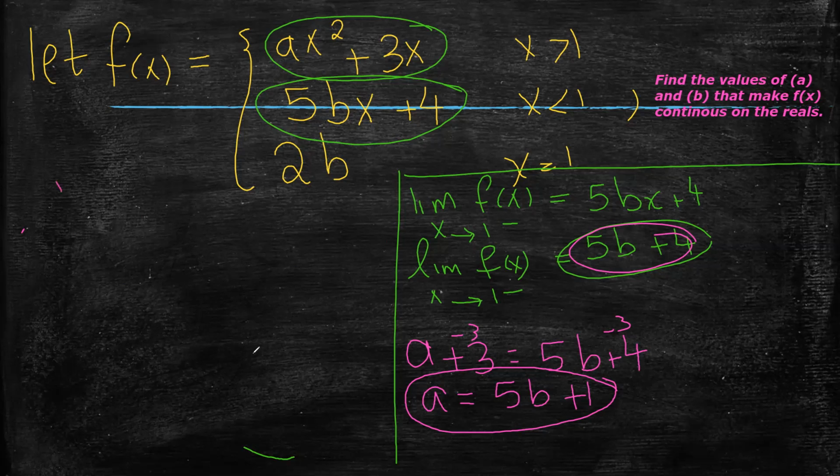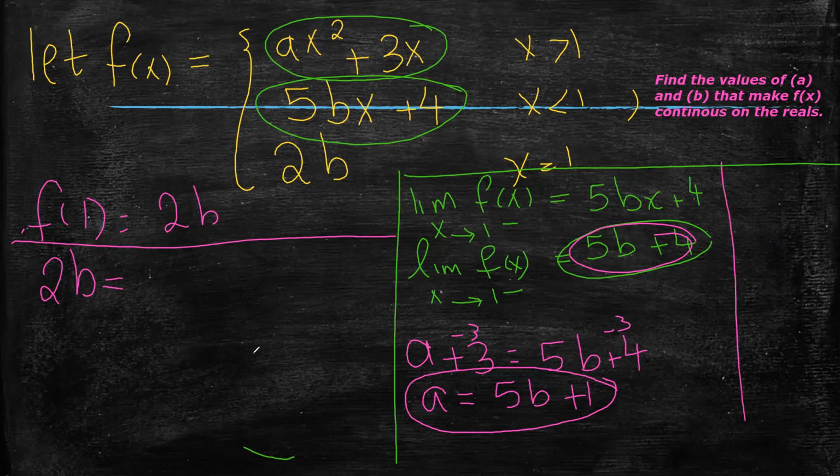Then f of 1 will be 2b. So because of that, I will say that 2b is equal to a plus 3, and it could be equal to 5b plus 4, because the limit from the right is equal to the limit from the left and equal to f of x.